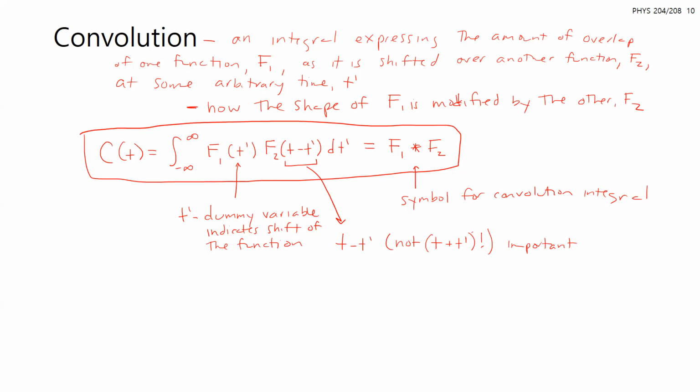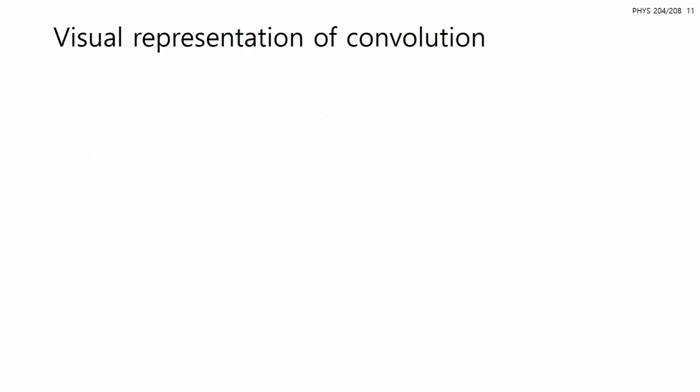So I'm going to try to do a visual representation of this. I apologize in advance for probably my bad sketching skills on this little tablet I'm using. But let's consider two functions here. We're going to start out with a Gaussian, and we're going to say on the y-axis it has an amplitude of 1.